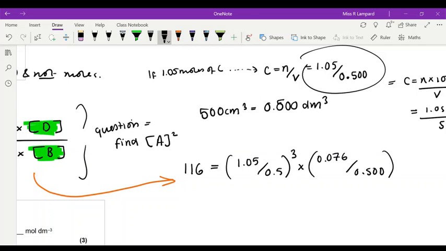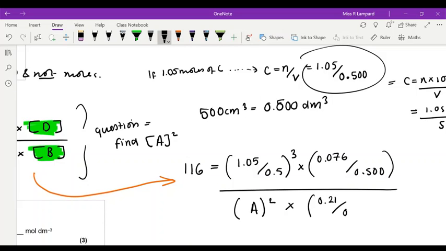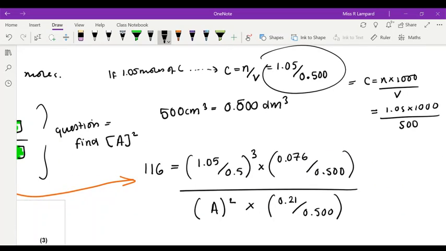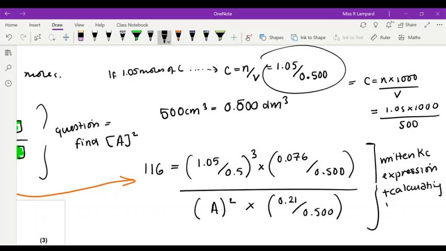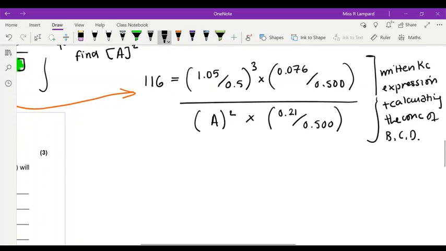That's going to give us our concentrations of C and D, divided by, again, we don't know the concentration of A, multiplied by the concentration of B. So in this step, I've written my Kc expression and calculated the concentrations of what I do know, so of B, C, and D.